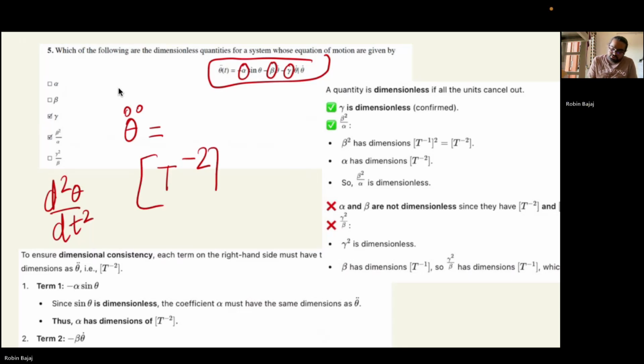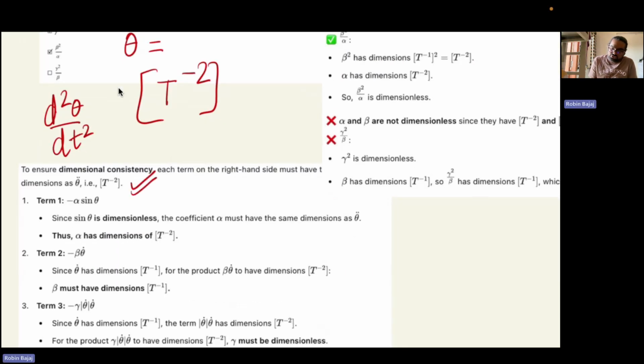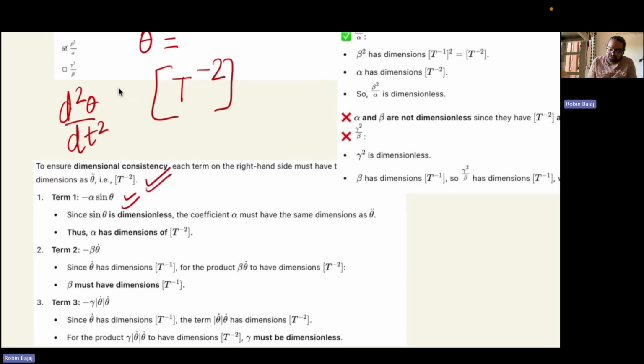So I will equate this to the first term, which is minus alpha sine theta. Sine theta is dimensionless. That means your alpha will also have the same dimensions as t power minus 2.